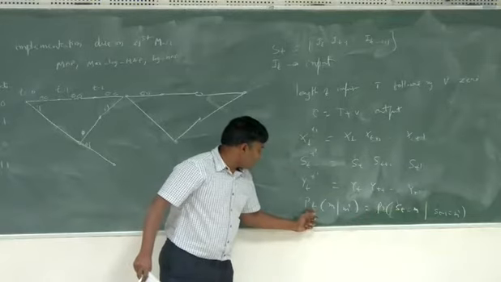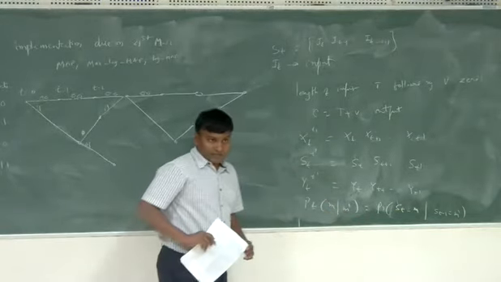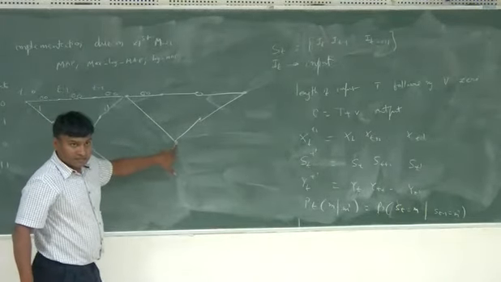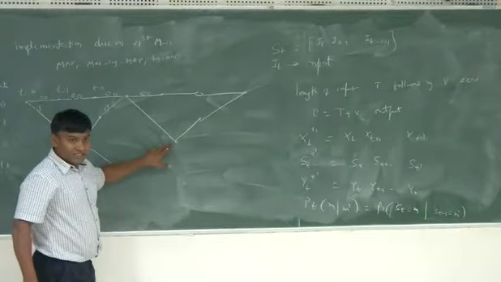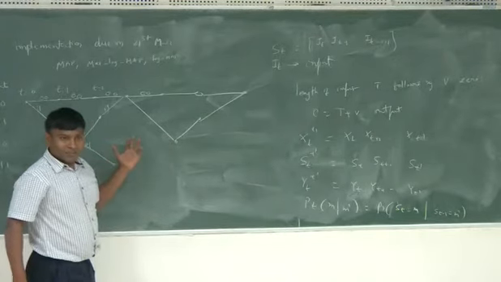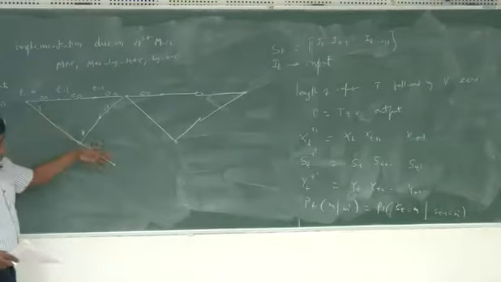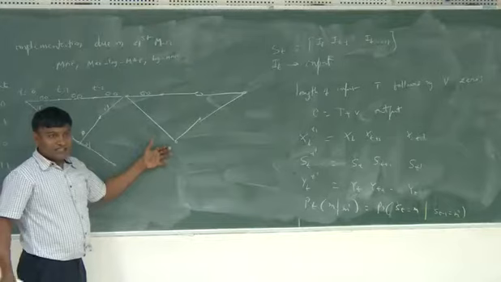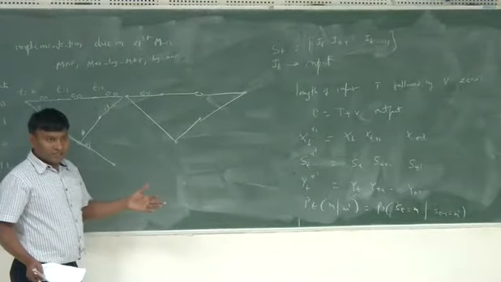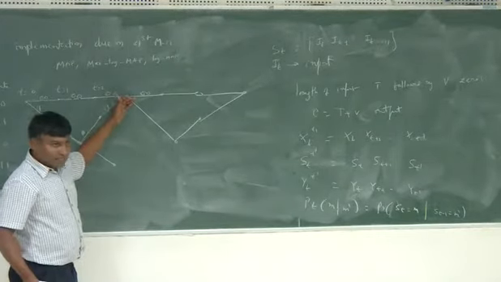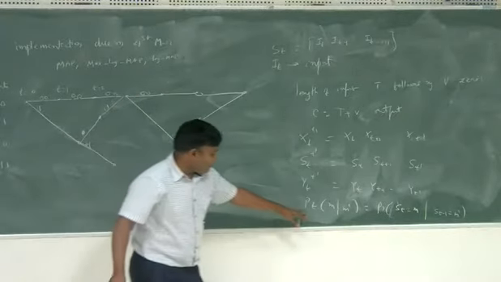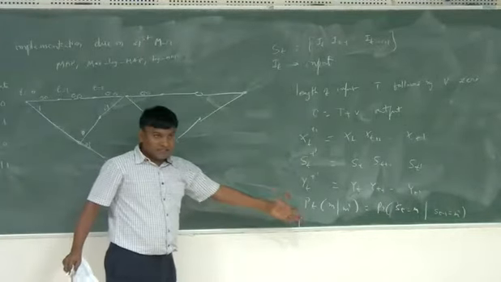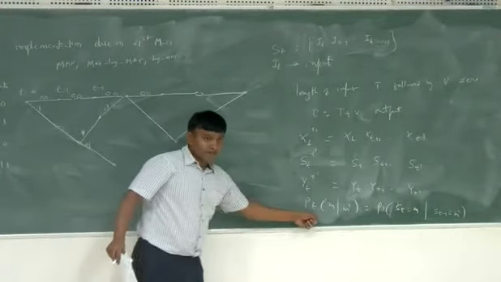Very simply written as p_t(m|m prime). If this connection doesn't exist, it is 0. You can see that not all connections exist in this trellis. If there is a connection, it is 1. If there is no connection, it is 0. Actually it is a deterministic function. And it's also independent of t if the trellis is time invariant.